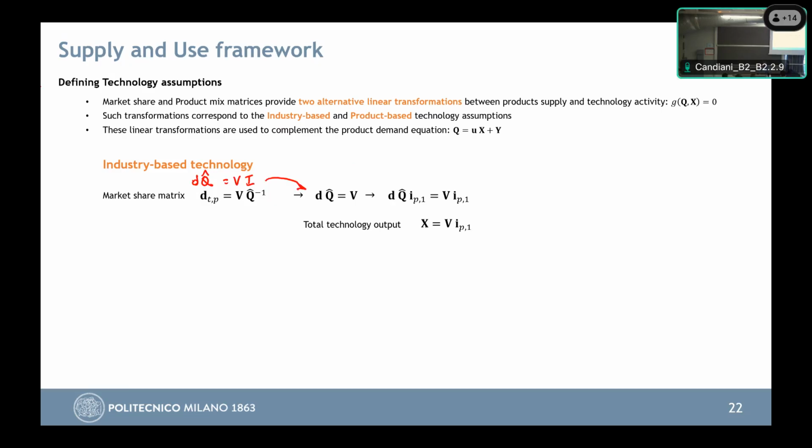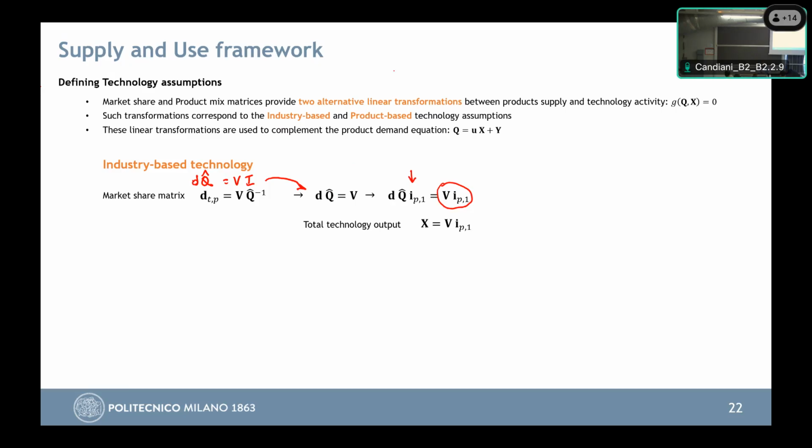I assume that these very simple modifications of the linear algebra expressions are clear to everybody. Then from here, if I post-multiply each side of the equation by the summation vector i, so I'm calculating the column sum of these expressions, I get, as the right-hand side, the make matrix times i, so it's the column sum of V. But this is simply the X, the total activity.